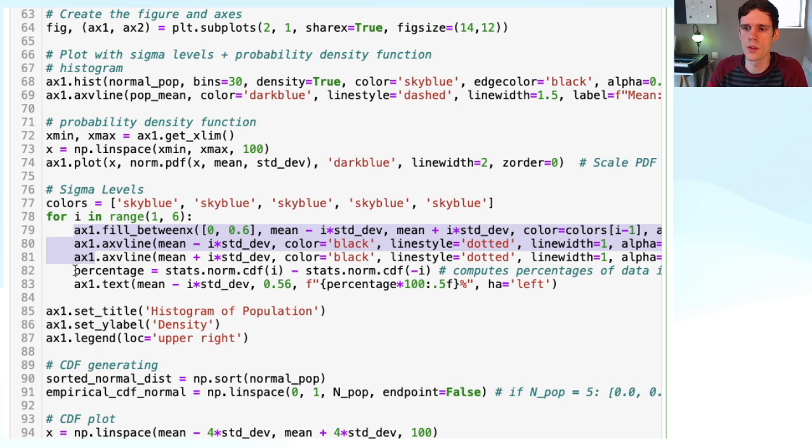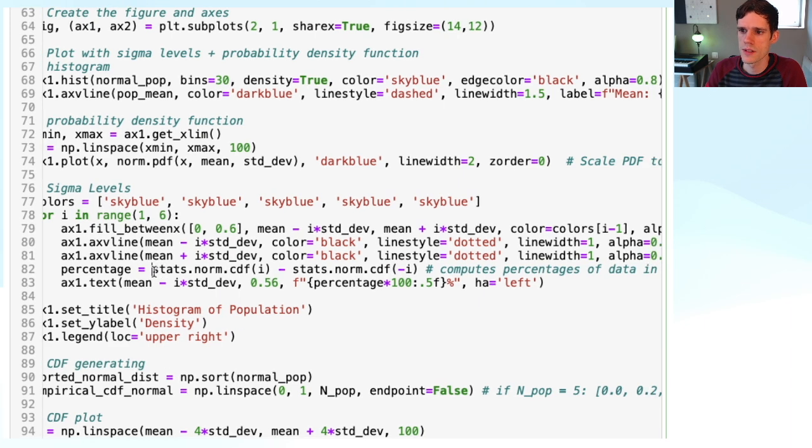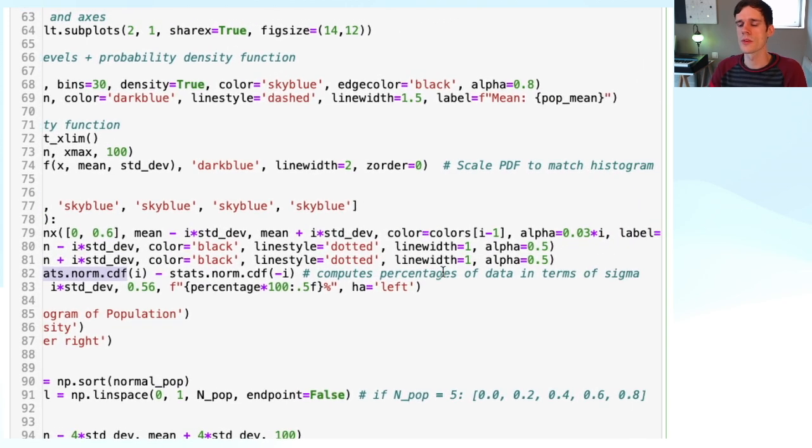But now, of course, we still want to figure out how we compute the corresponding percentages of these data intervals, which are 1 sigma, 2 sigma, 3 sigma, and so on. And to do this, we actually need some information that we will learn about in the next lesson, namely the cumulative probability function. But it just suffices to say that this function, stats.norm, because we're dealing with a normal distribution, .cdf, and cdf will be the cumulative distribution function, computes the percentage of data in terms of sigma.